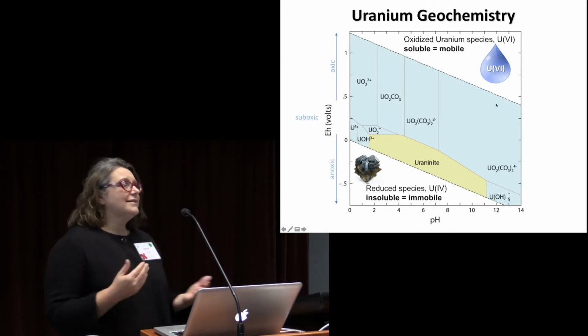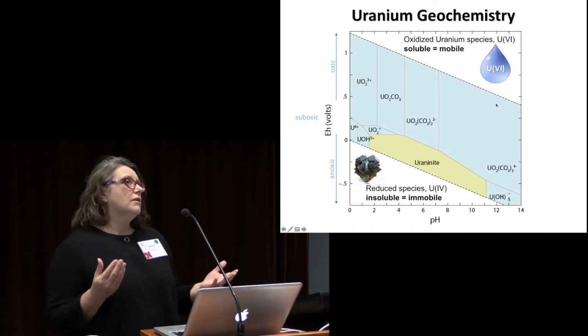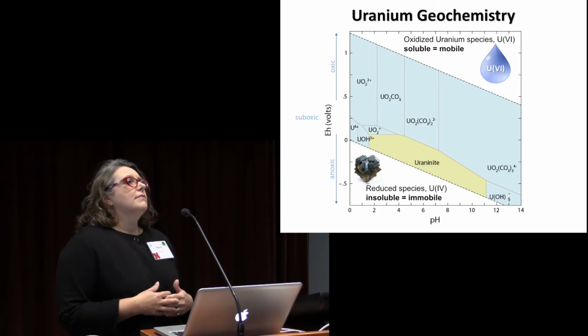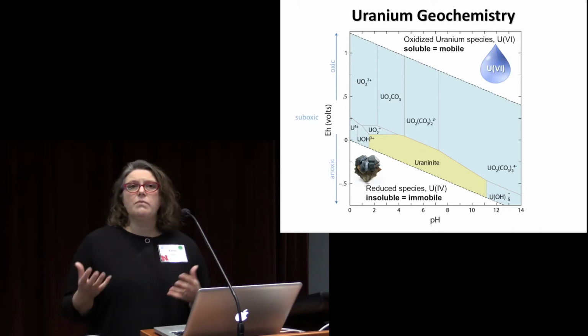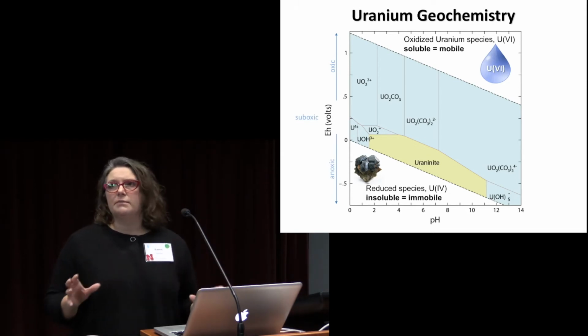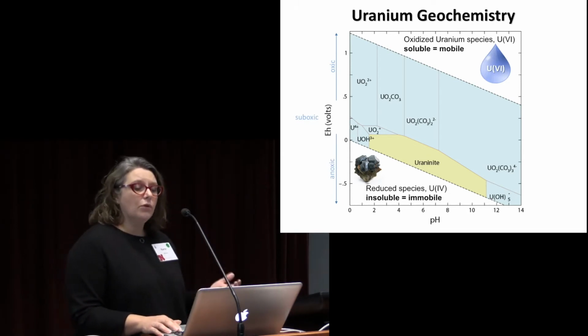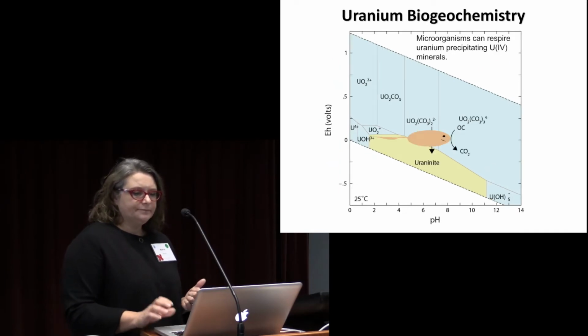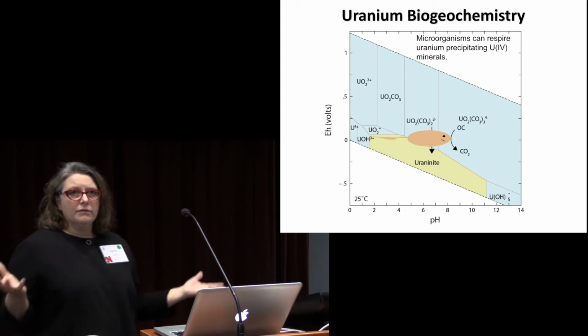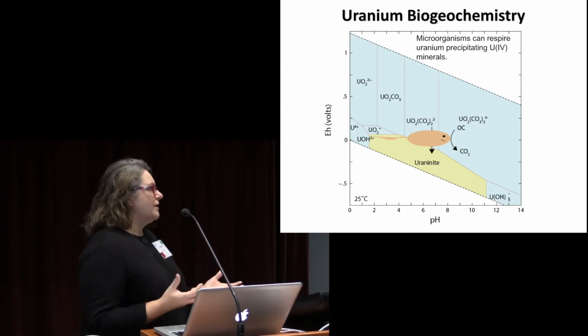Whereas when it becomes oxidized, it will bind with other ligands, such as carbonates, and is going to be highly mobile. When uranyl species bind with carbonates, they tend to not bind to a sediment matrix, so they become more mobile.